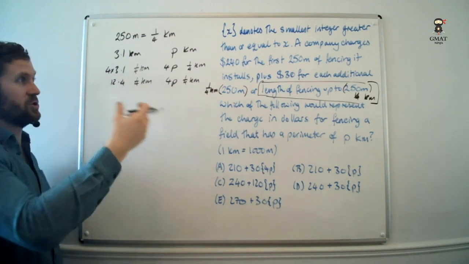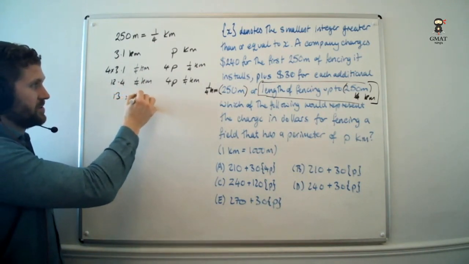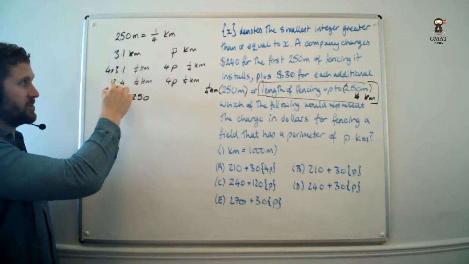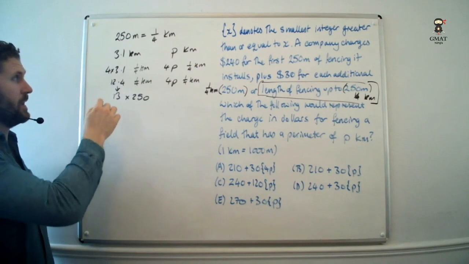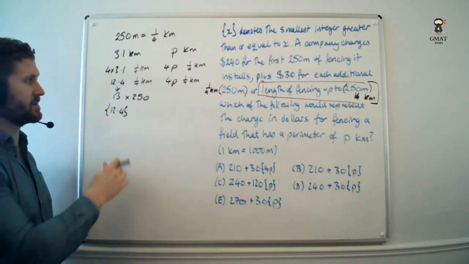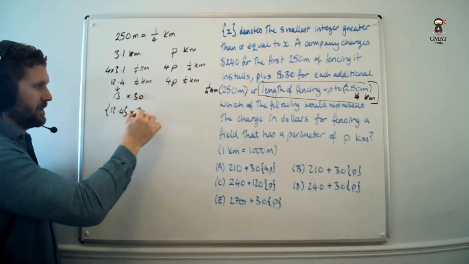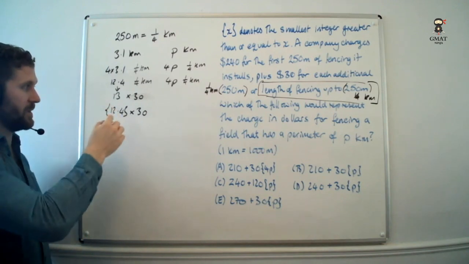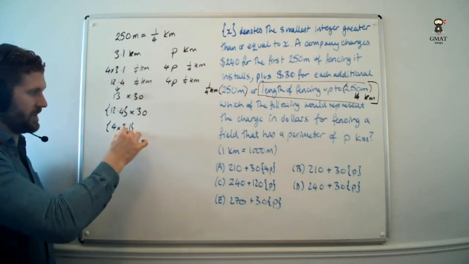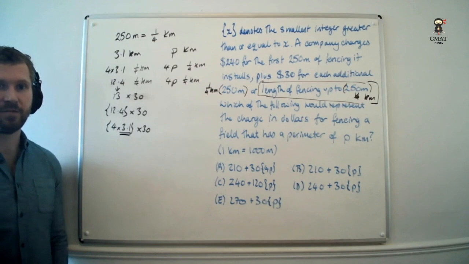So my total charge would actually be 13 times... sorry, it's not times 250 at all. The charge is 30, so times 30. We've rounded the 12.4 up to 13, so I could say that was the 12.4 in the brackets. Working my way backwards, that is 4 times the 3.1 we had at the beginning, times 30. And there's my initial length of fencing.